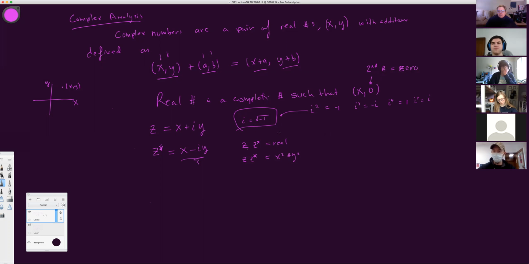Okay. So that's what these operations are, and when you multiply a complex number by its complex conjugate, you get a real number. Okay. So for instance, for our two guys here, z and z star, we get x squared plus y squared, where this multiplication goes as a regular polynomial type multiplication.